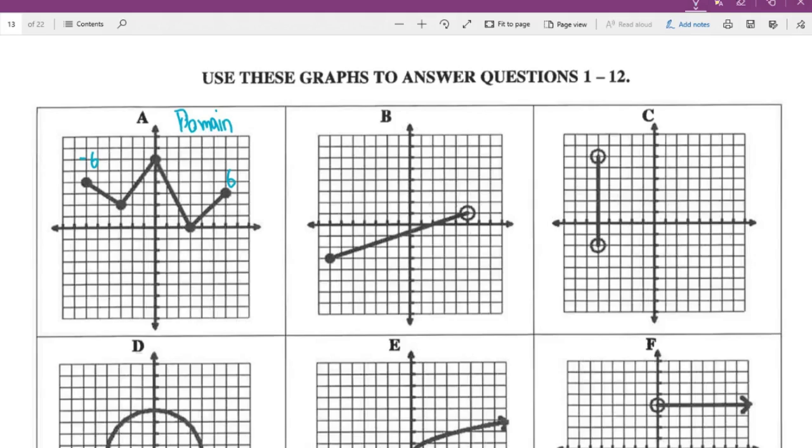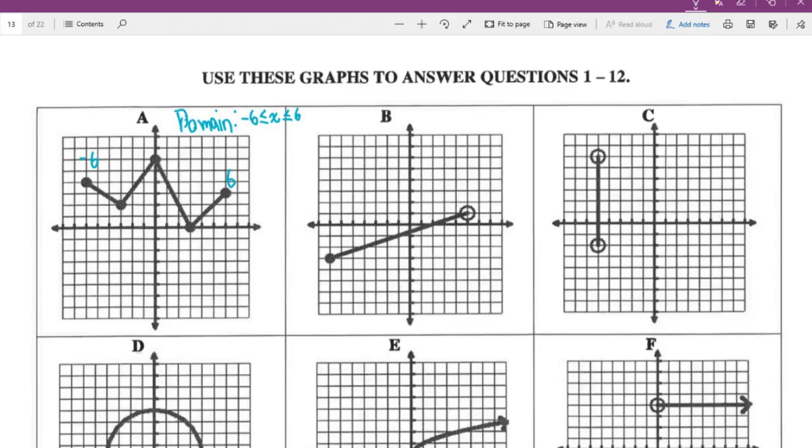And we write this like this: -6 is less than or equal to x is less than or equal to 6. So we put the left part in the beginning and the right part at the end.